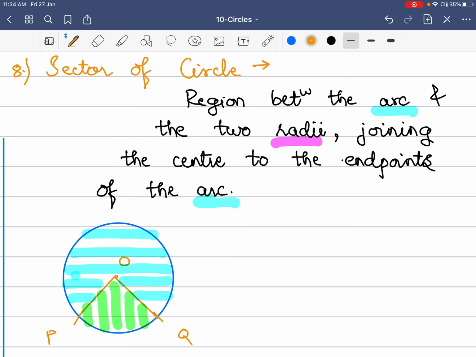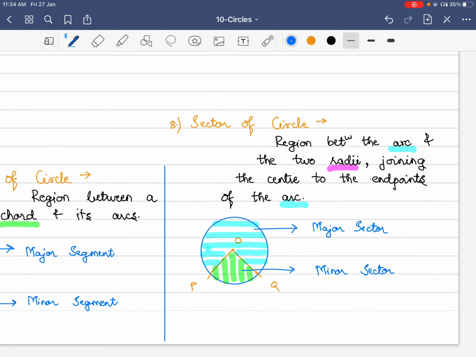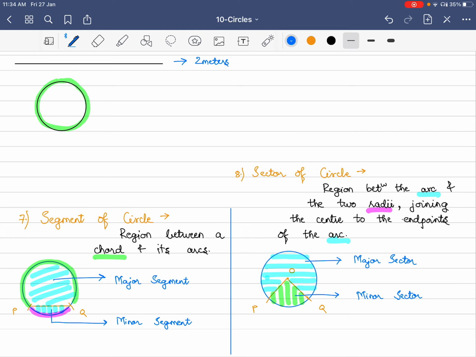So once again, we have a major sector. I'm going to use this major sector, and this one will be called a minor sector. This is a minor sector. Important point is, let's see the difference between the sector and the segment of a circle.